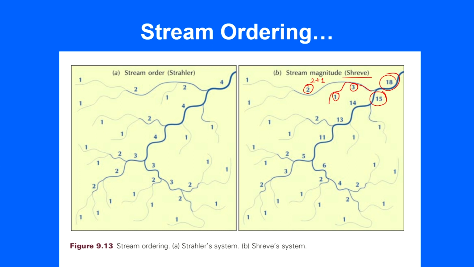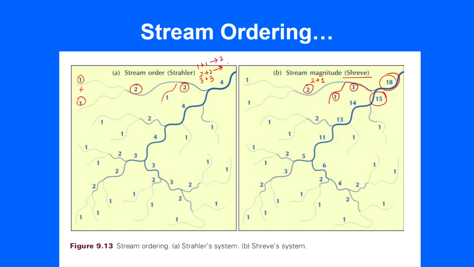So, to avoid that, what is there in the Strahler one, that you are having two first order streams. Okay. So, 1 plus 1 will be 2 here, second order, and even if the first order is joining here, this remains the second order. Only when 2 plus 2 or 3 plus 3 or any will be there, or even 1 plus 1 as we talked about, then it will go into 2.